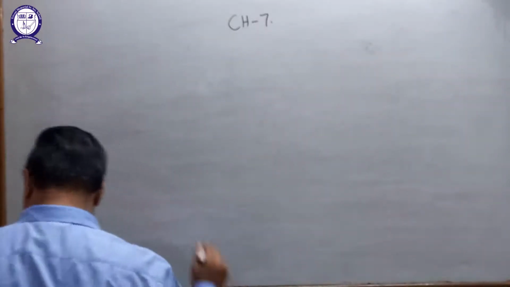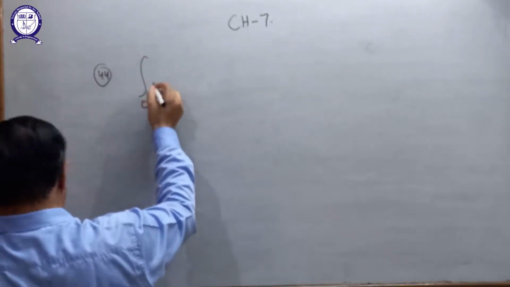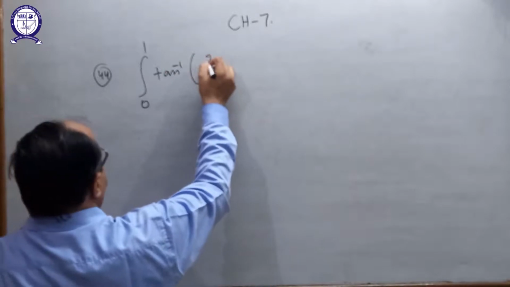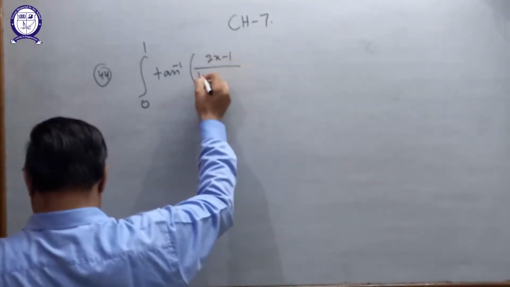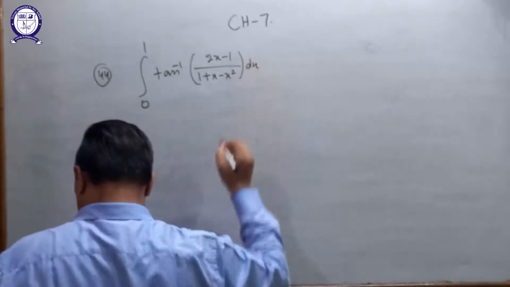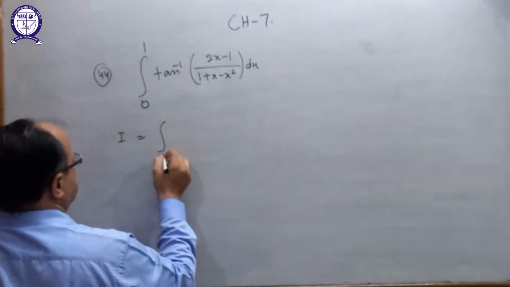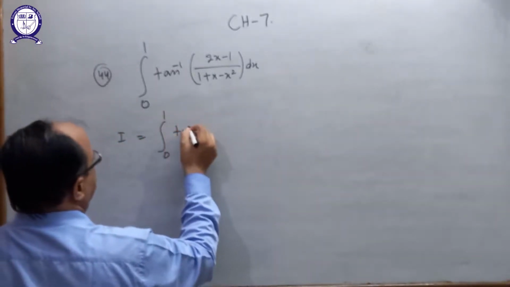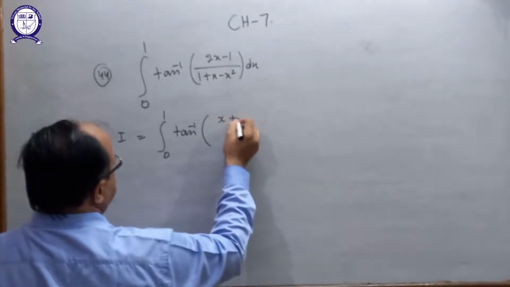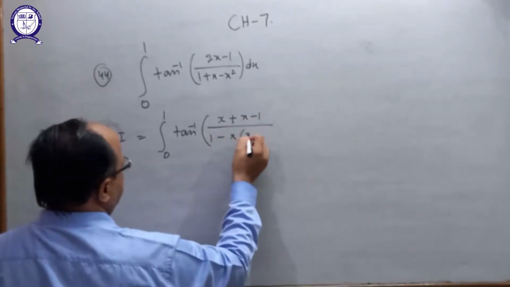Question number 44. Integration 0 to 1 of tan inverse of (2x minus 1) upon (1 plus x minus x square) dx. You can write tan inverse of (x plus (x minus 1)) upon (1 minus x(x minus 1)).